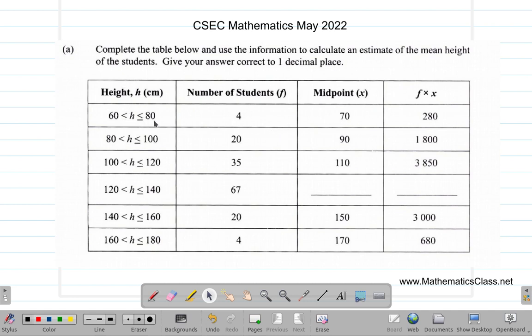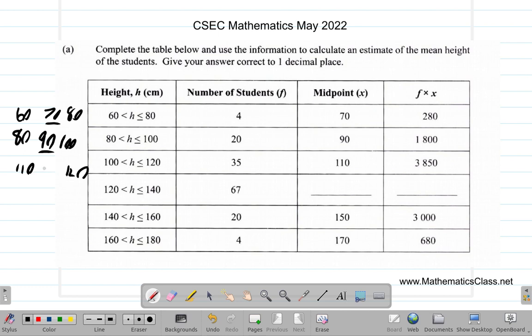You see this 60 and 80. The midpoint is 70 because it's really 60, 70, 80. So 70 is the midpoint, you have it here. Between 80 and 100 you have 90. So you have 90 here. Then 110.